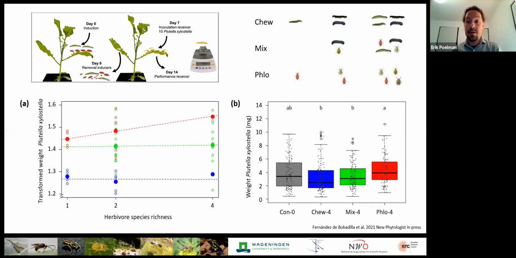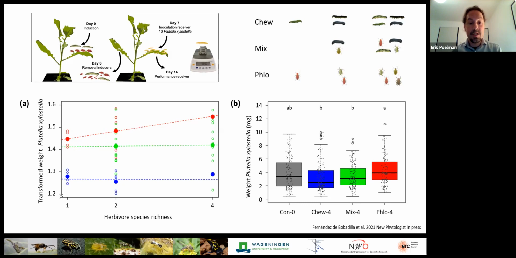But especially when we put on 4 different species of aphids, this effect was stronger. So with a diversity of 4 different aphid species, the plant would have more difficulties defending itself against a next leaf chewing species.